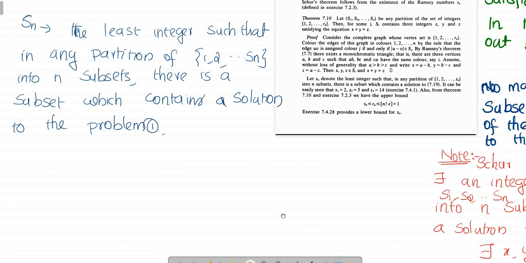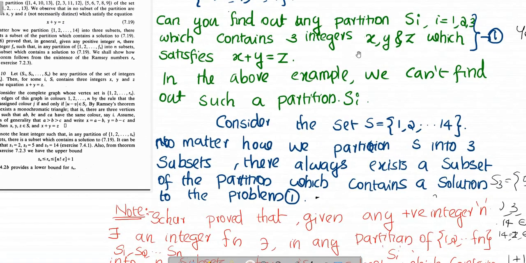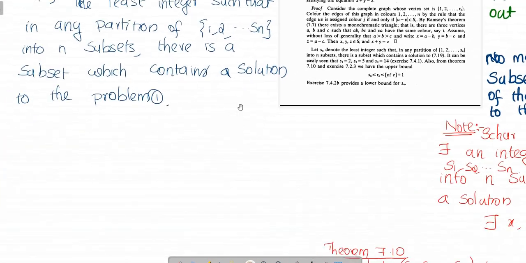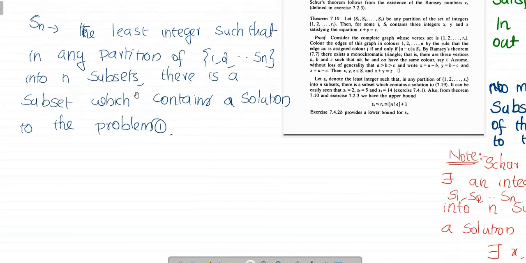What was problem 1? Can you find any partition Si which contains 3 integers x, y, z? Here i need not be 1, 2, 3. x, y, z which satisfy x plus y is equal to z. Can you find at least one partition which contains x, y, z with x plus y equal to z.